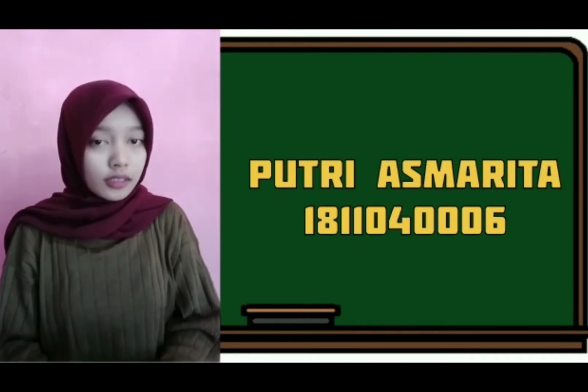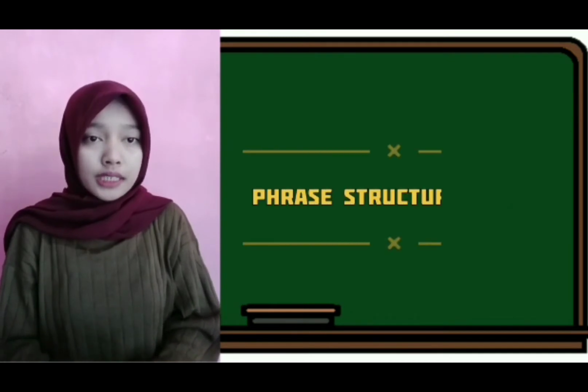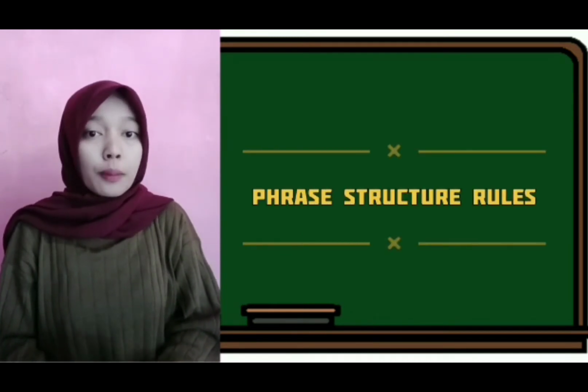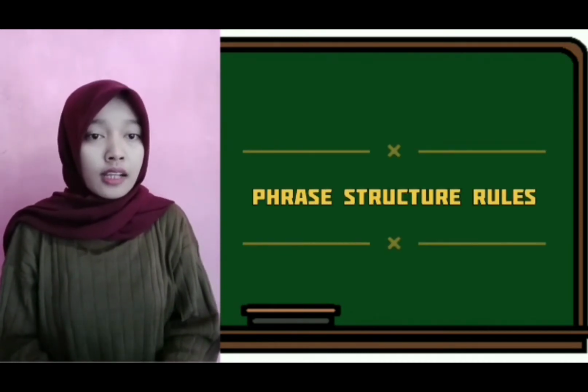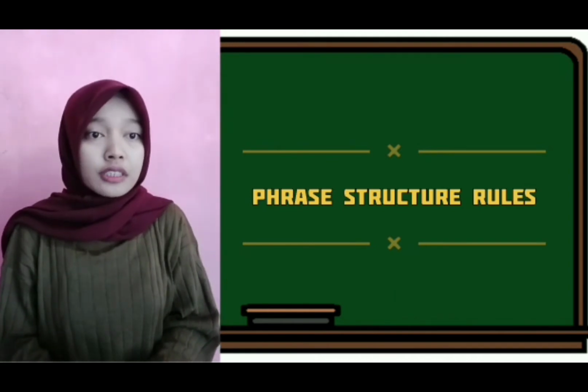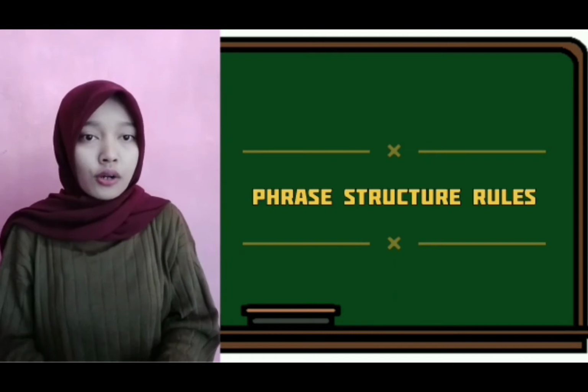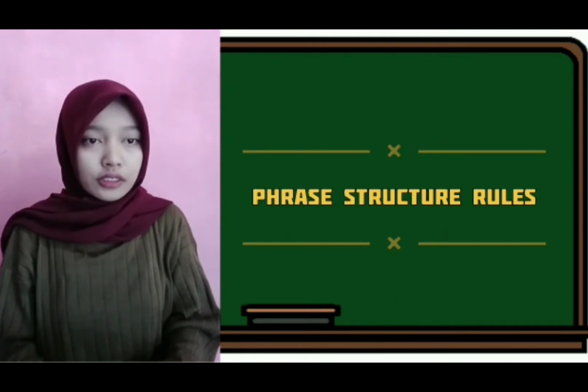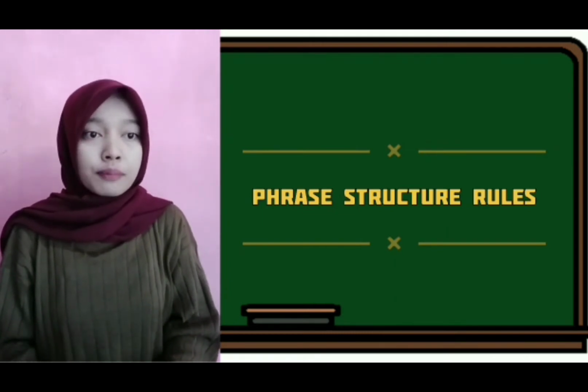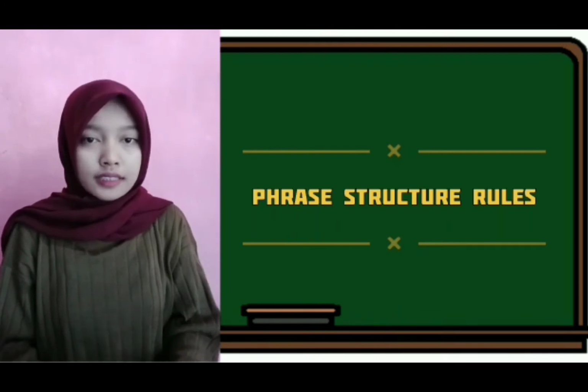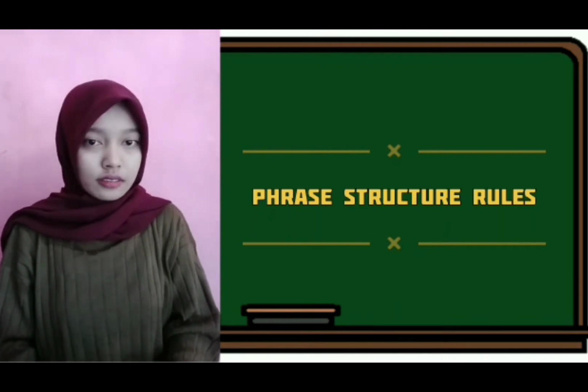Here I want to continue to explain about the phrase structure rules. Phrase structure rules are rewrite rules that generate phrase structure, a rule that generates a sentence or other syntactic construction from words and phrases and identifies its constituent structure.